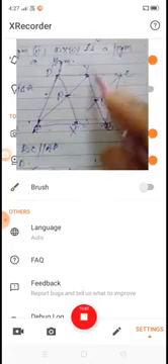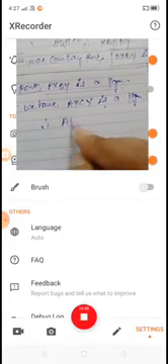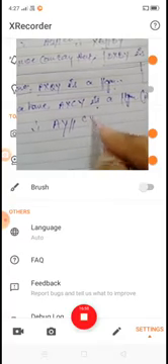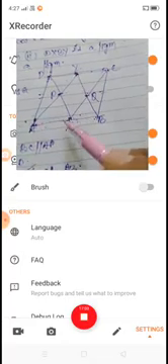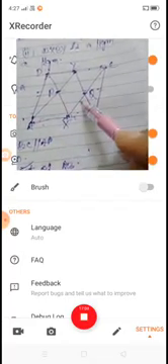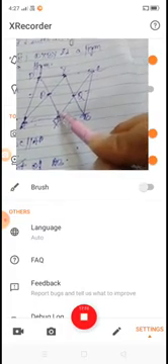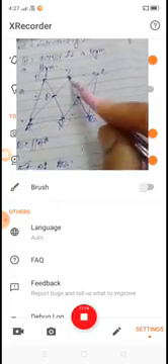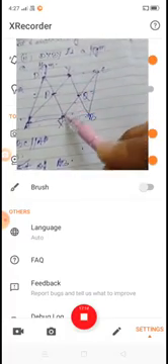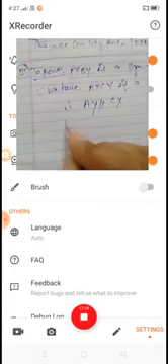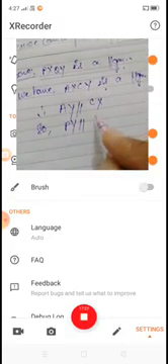Since AY is parallel to CX, because AXCY is a parallelogram, and in any parallelogram opposite sides are parallel to each other, so AY is parallel to CX. If AY is parallel to CX, then we can write PY also parallel to QX. So PY is parallel to QX.